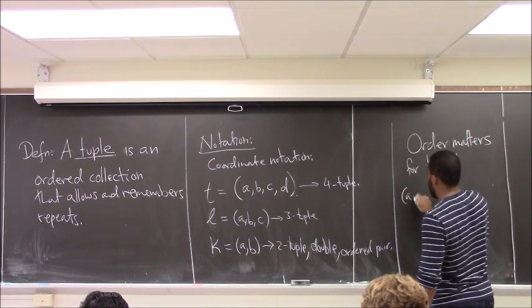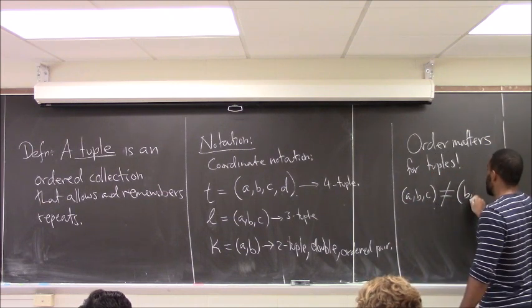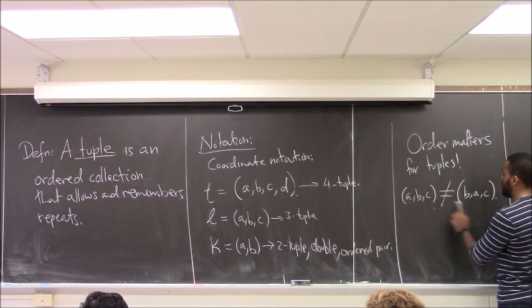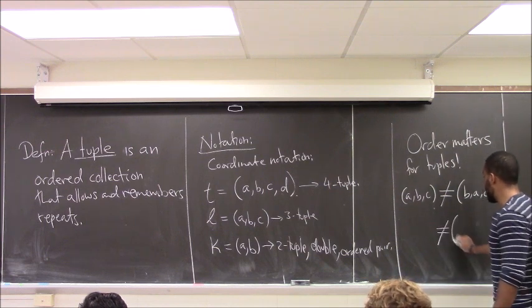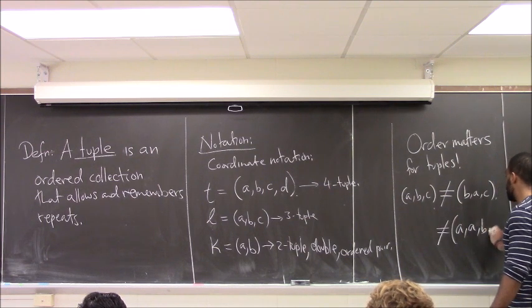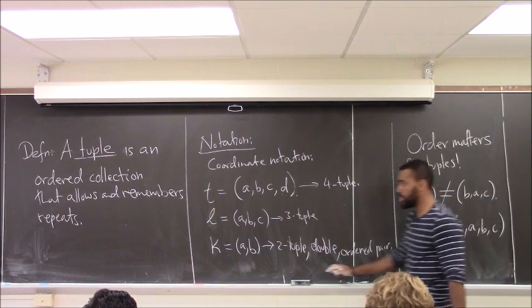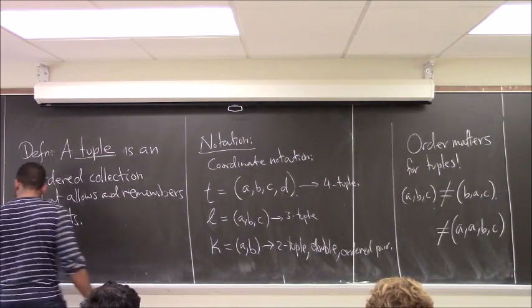Meaning, if I have A, B, C, it is not the same as, say, B, A, C. A tuple would consider these two things different, because here the first position is A, here the first position is not A. It also does not consider it the same if the A is repeated. In fact, this is a 3-tuple, while this is a 4-tuple. A tuple is kind of like a set. The difference is it has memory and it cares about order.